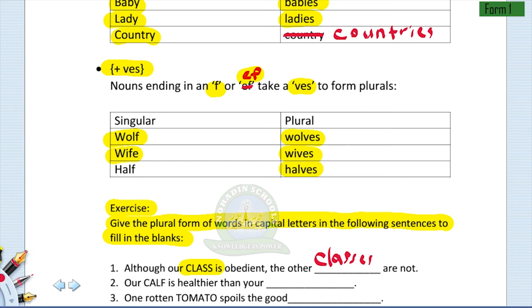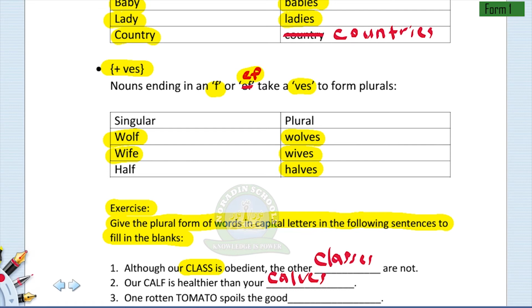You have 10 seconds. Calf. The answer is calves.